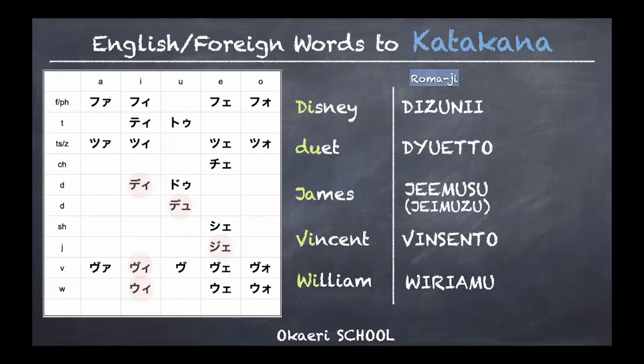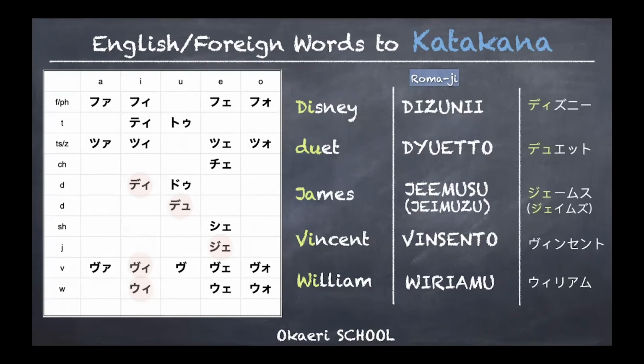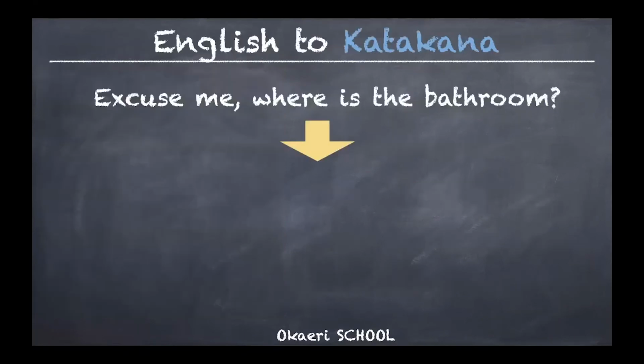This W-I can be found here. W and I, we. So William will be like this. And then, ta-da, you can now write or read katakana based on these rules and some regulations, but that's how it works.